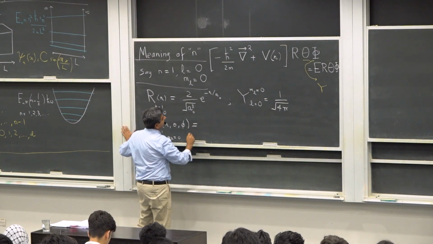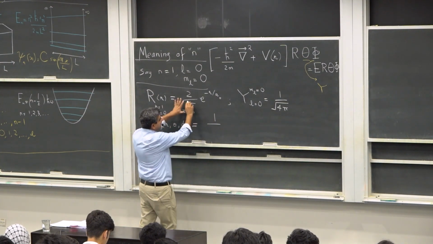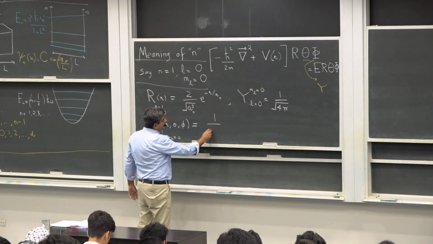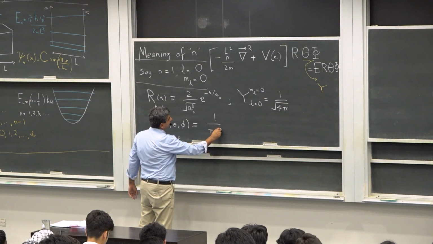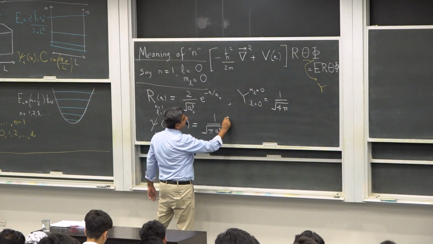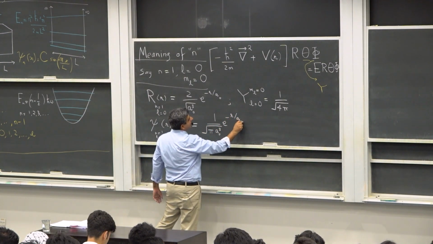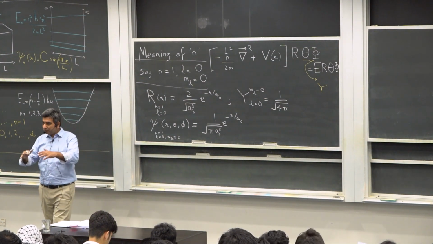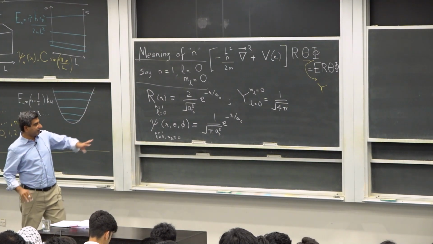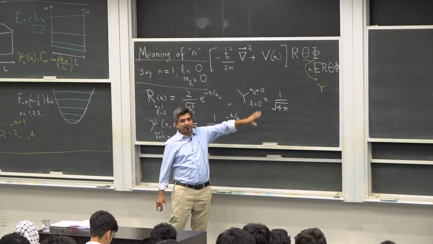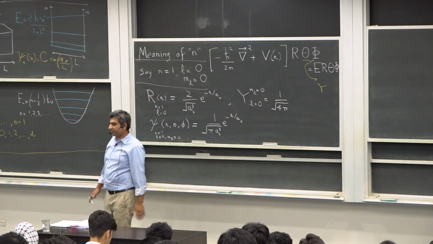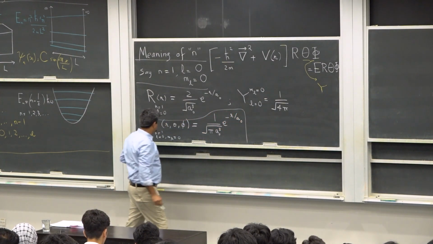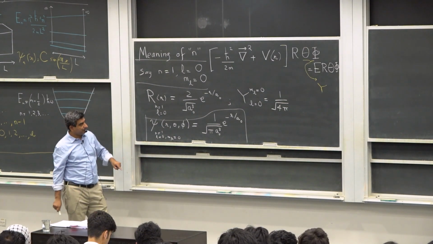I multiply these two functions and I get 1 over pi a naught cubed, e to the minus r over a naught. Correct? So this is the wave function for the n equals 1 state. I take the radial part and the angular part and multiply the two together. This is my wave function for n equals 1, which will also have L equals 0, ml equals 0.